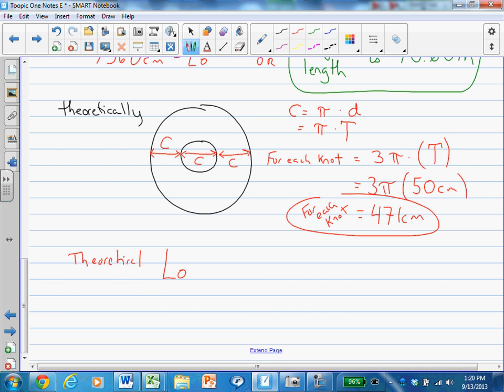So 4 of those in there means we're going to need a 78.84 meter length rope. Yes. .471 centimeters.